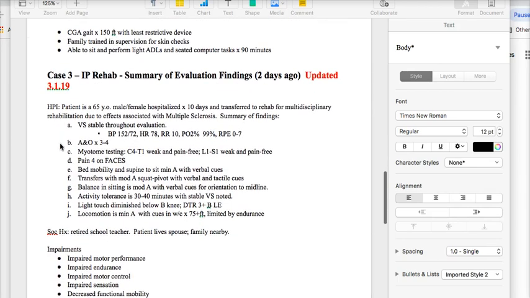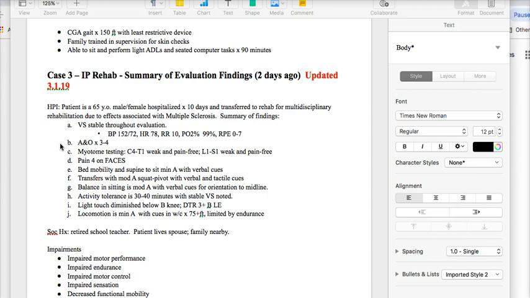So the final case involves somebody who, similar to the first case, has just started skilled care a few days ago. They have multiple sclerosis. So multiple sclerosis is a condition where fatigue can often be a factor.